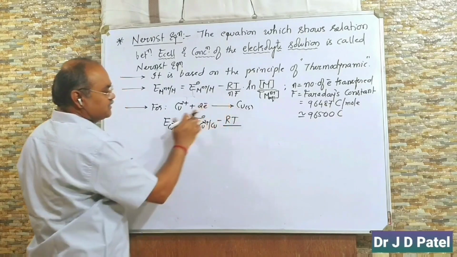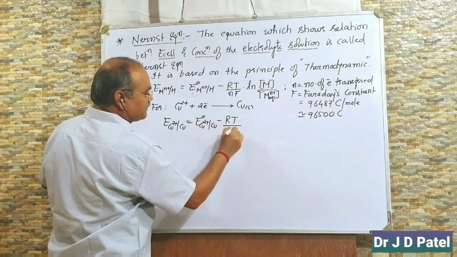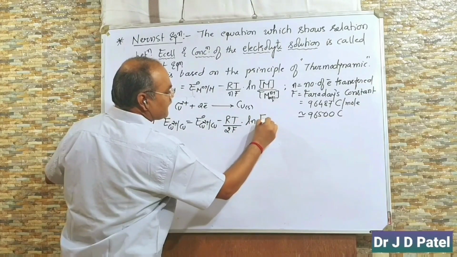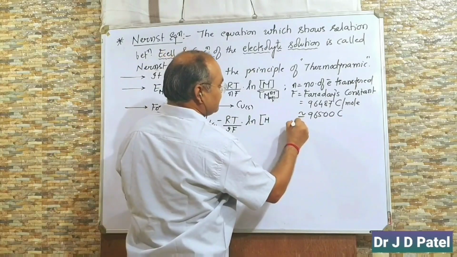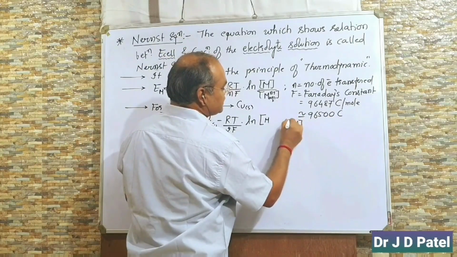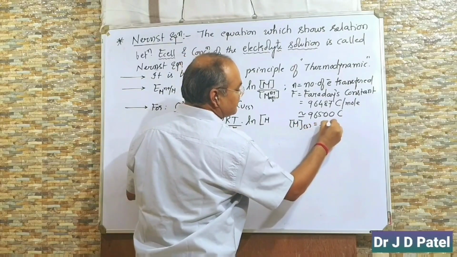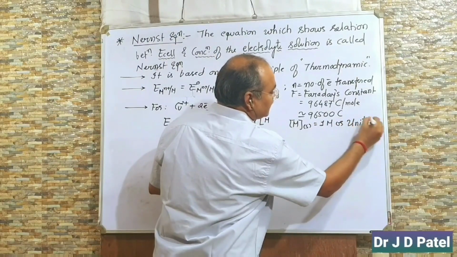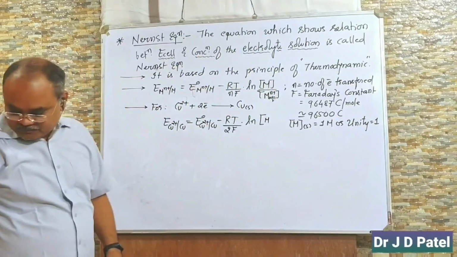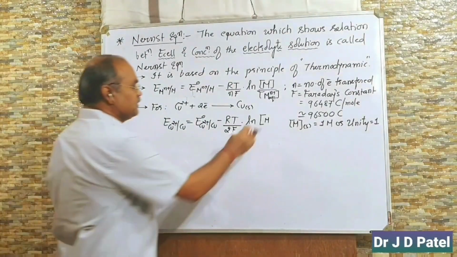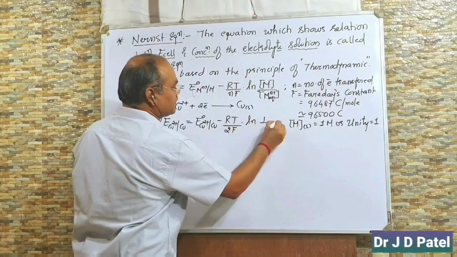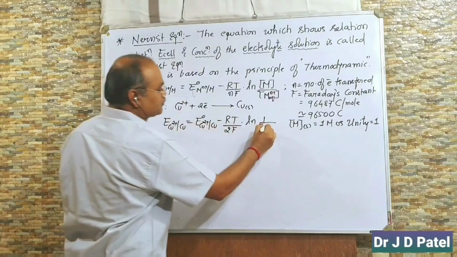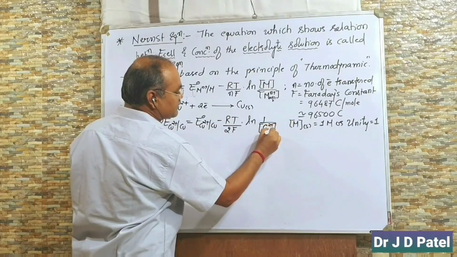So you can write 2F into ln of M. Now the concentration of M solid is considered as 1 molar or unity, that is equal to 1. So now I can write here 1 upon the concentration of Mn plus. What is Mn plus? Cu2 plus aqueous. This is your equation 1. Clear?